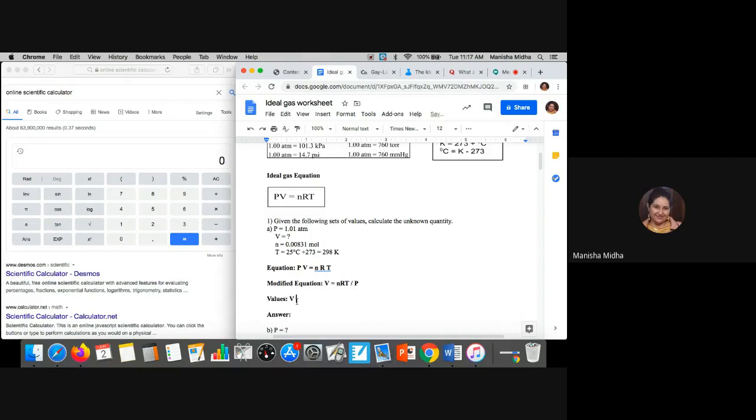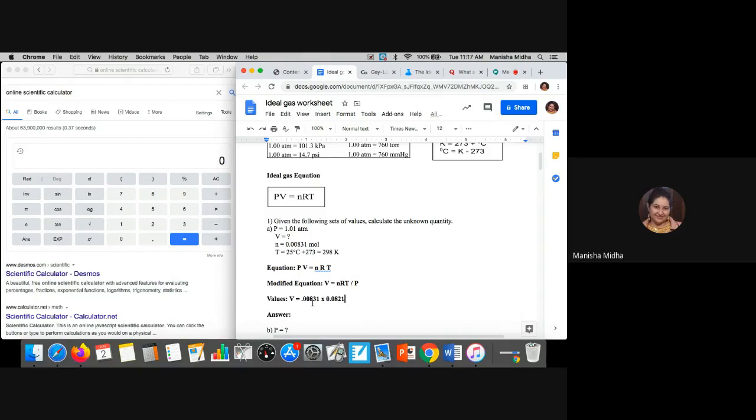So volume will be equal to 0.00831, that's the number of moles given, times R. R is 0.0821.